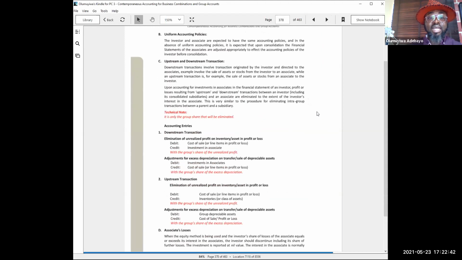The second one is that accounting policies of the subsidiary or the associate should also align with that of the investor, which is the parent in this case.